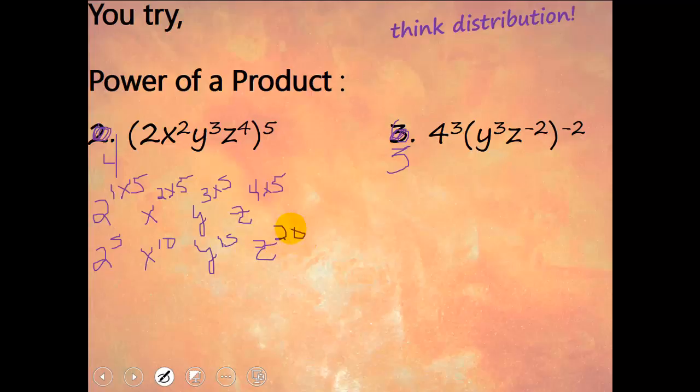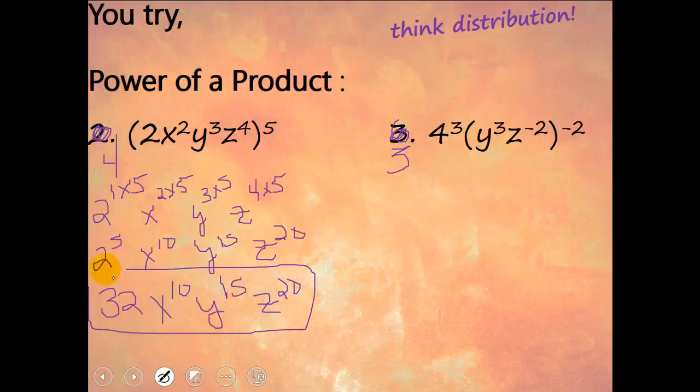And 2 to the 5th is 32. When they're a reasonable number, like in the hundreds maybe, you can go ahead and expand them. But if they get to be larger, like in the thousands or so, I would leave them as power expressions. And here's our final answer: 32, x to the 10th, y to the 15th, z to the 20th.